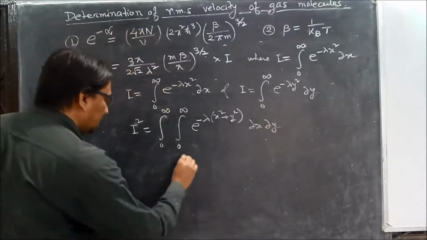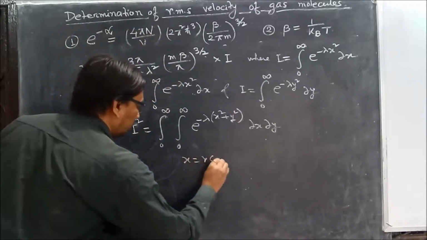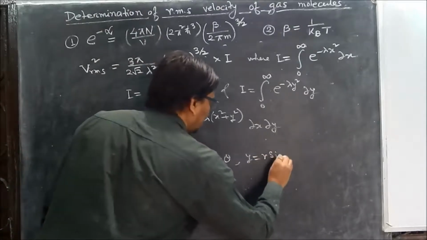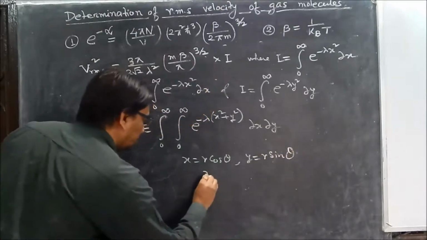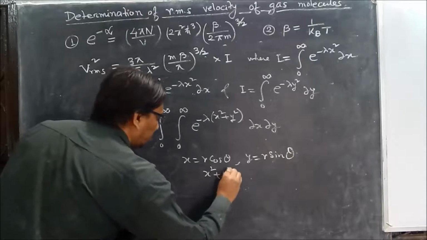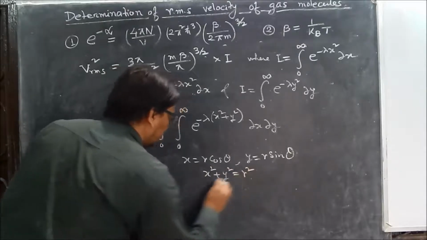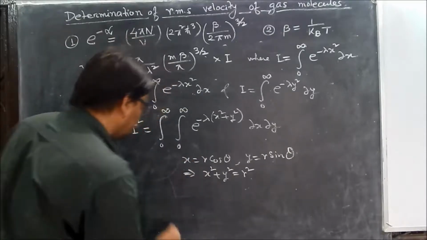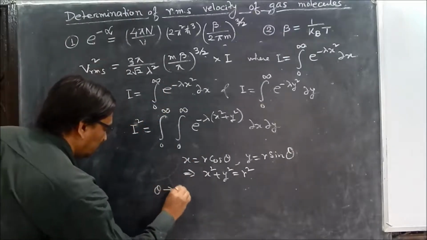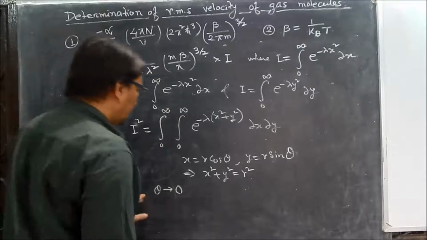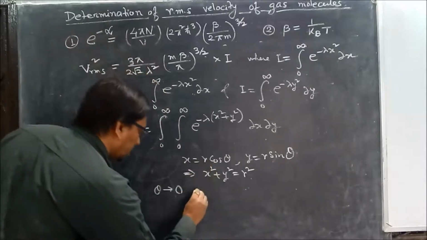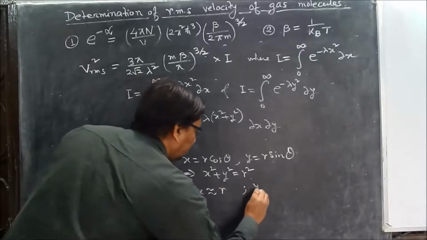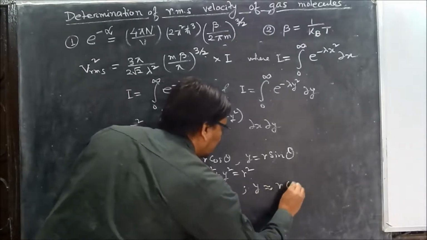Now let us take x equal to r cos theta and y equal to r sin theta, so that x square plus y square becomes r square. So this is 1, and if theta tends to 0, for small angle increment, so theta tends to 0, so x will be nearly equal to r and y will be nearly equal to r theta.